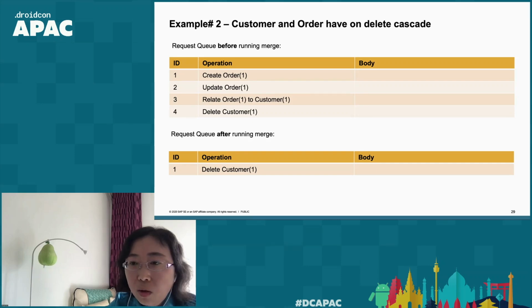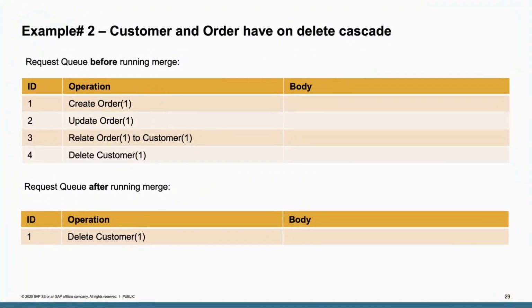This is delete customer. Why it comes down to deleting this customer also depends on how your metadata is designed. In this case, we assume the metadata is such that the order will only exist with a customer. So if your customer is deleted, for sure your order will be deleted in the end.